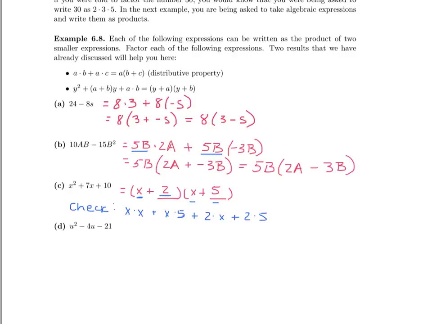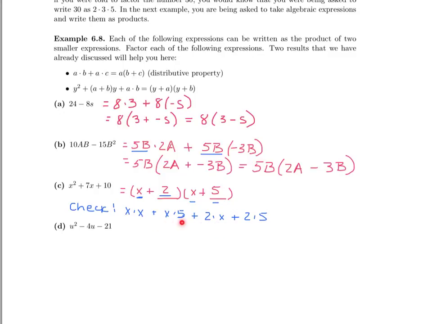Now if we did this correctly, this sum right here should simplify back to this. Well, x times x gives us the x squared. 2 times 5 gives us the 10. And what about the quantity in the middle?